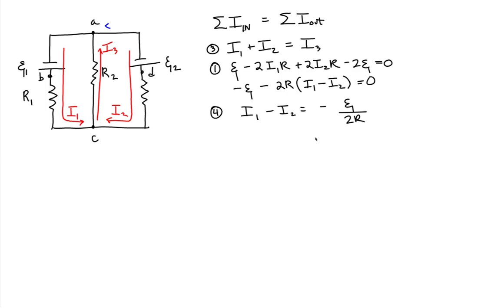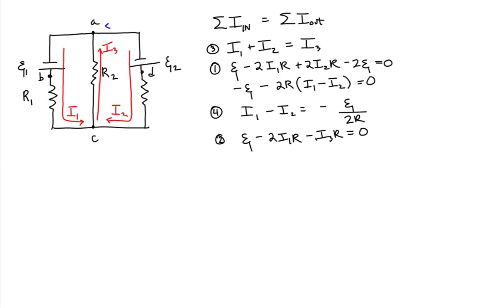Now the second independent equation we found, equation 2, said the EMF minus 2I1R minus I3R is equal to 0. Well, let's isolate I1 and I3.